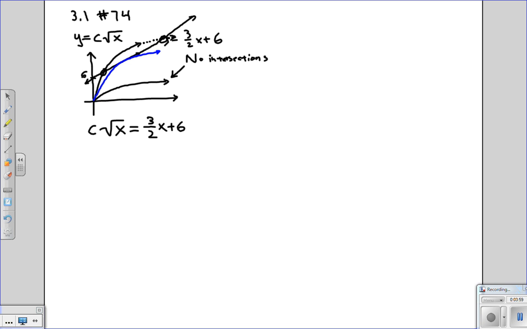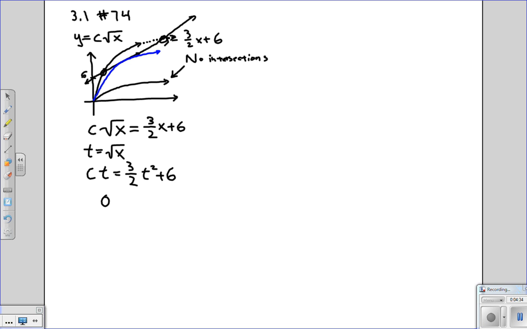Now, we're going to let t equal square root x, and we're going to rewrite this equation in terms of t. So now it's going to be ct is equal to 3/2 t squared plus 6. We write t squared here because t squared, after all, is just square root x squared, which is x. And so now our problem is to solve for t.